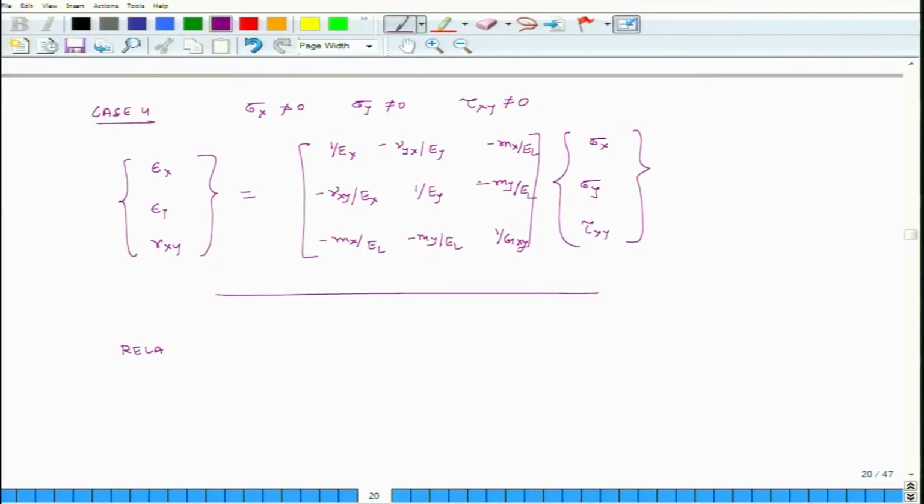So, the next question is, what is the relationship between Ex, Ey, Gxy, nu xy, nu yx, mx, my, and how can we express these in terms of EL, GLT, ET, nu LT, which are the 4 fundamental elastic constants for a especially orthotropic lamina?